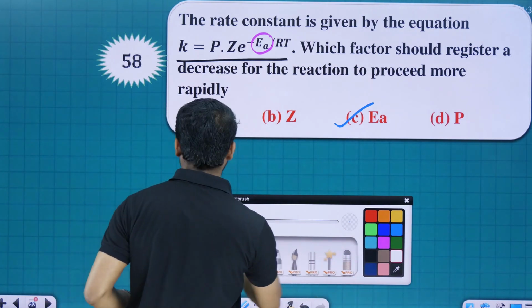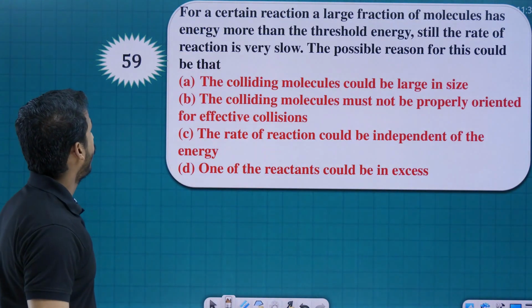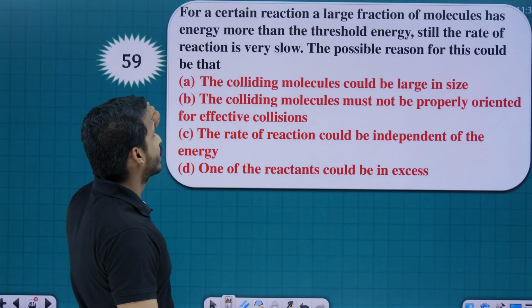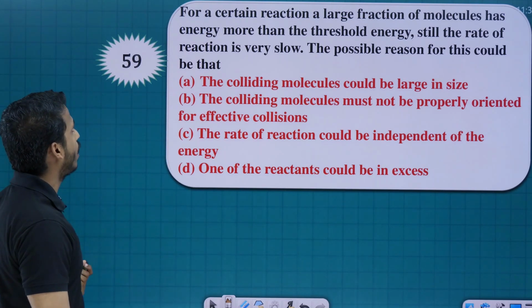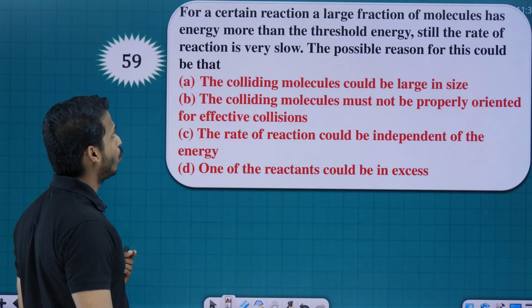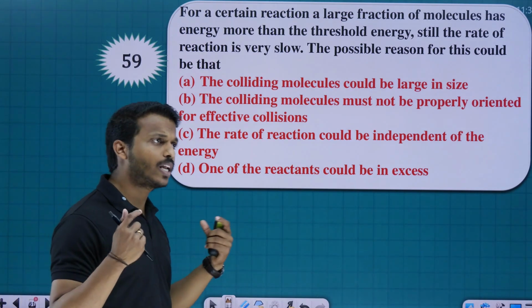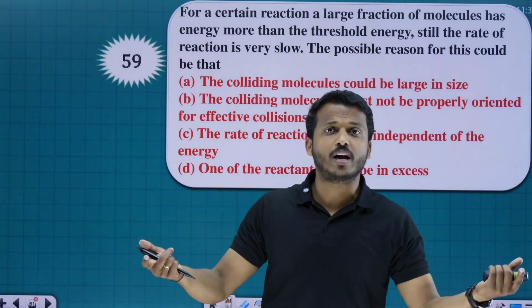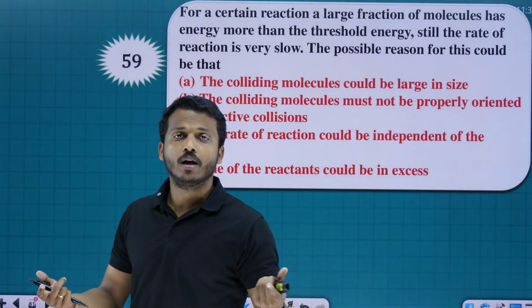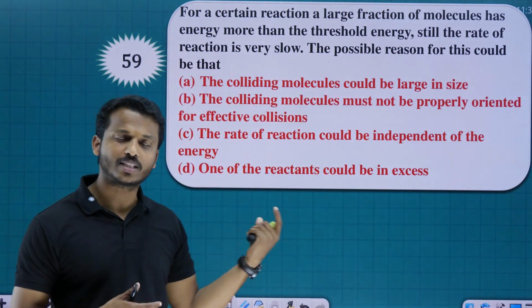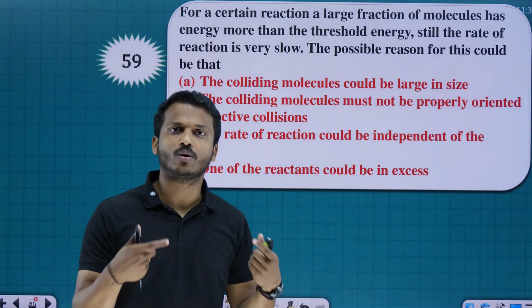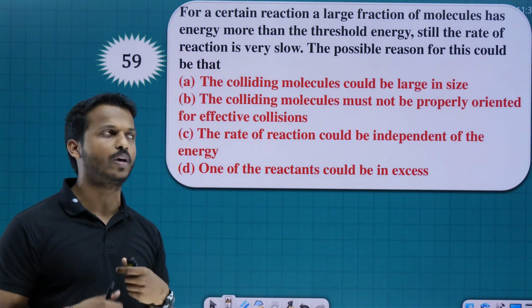Next one. For a certain reaction, a large fraction of molecules has energy more than the threshold energy. Still, the rate of reaction is very slow. Even if there are more reactants, we can't say that more reaction can happen. So they are saying even though there are more reactants, why is the reaction rate very low?